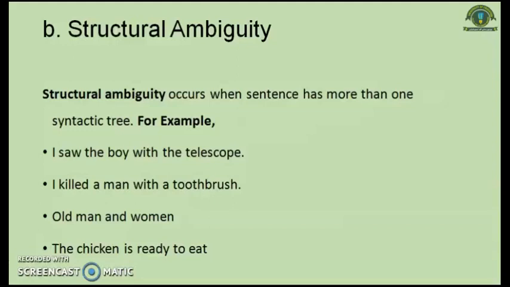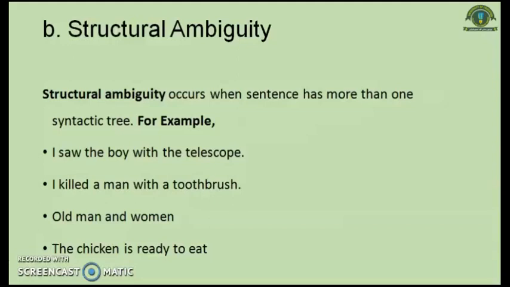Here is another example with multiple possible sentence structures. The sentence is, I killed a man with a toothbrush. One interpretation is that I killed someone, or a man holding a toothbrush, maybe he was brushing his teeth.